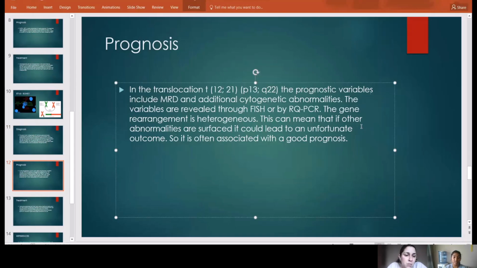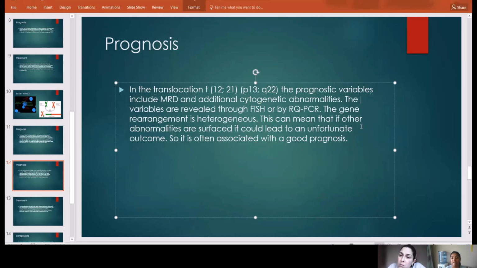This gene can be seen in the early stages. You can have signs and symptoms or other genetic abnormalities that surface. Certain genetic abnormalities or mutations that are found with this gene can either be a good thing or a bad thing. Certain times it works in favor of the treatment.